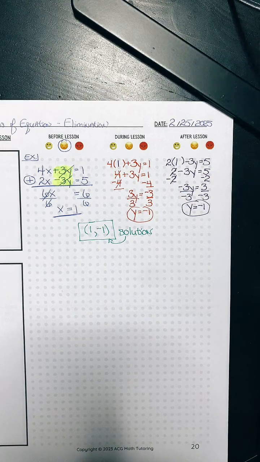Early you said negative was always first. Why not here? I said negative was always first because x and y values... Oh, okay, Miss C. There we go.